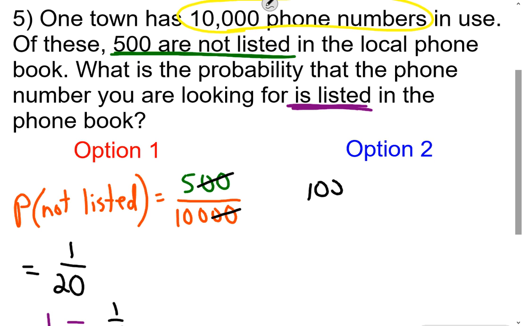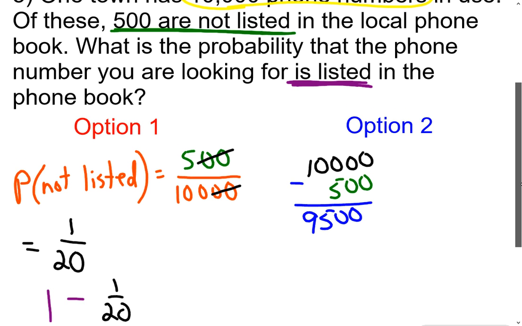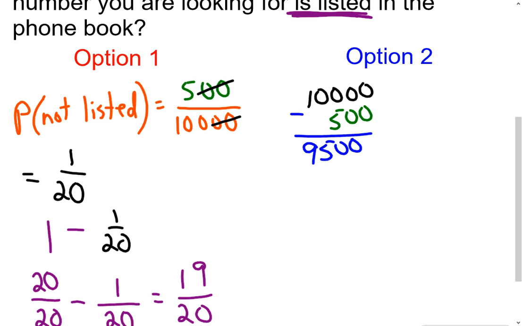So I could take that 10,000 numbers that are in use. Let's subtract out the 500 that are not listed. And now we have 9,500 that are in the phone book or that are listed. So now I could just calculate my probability.